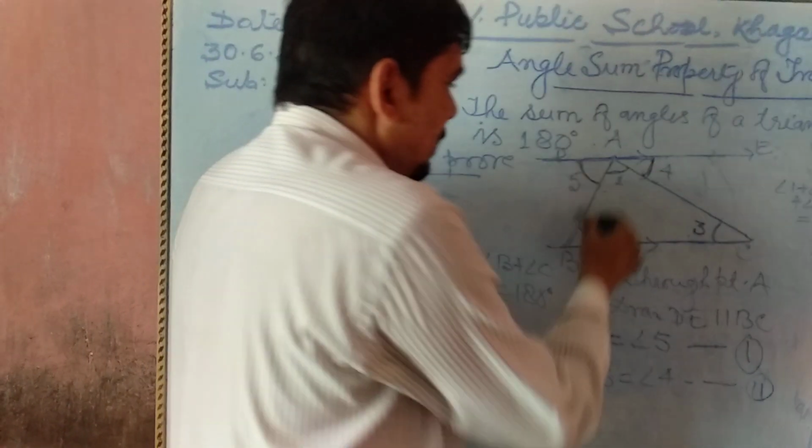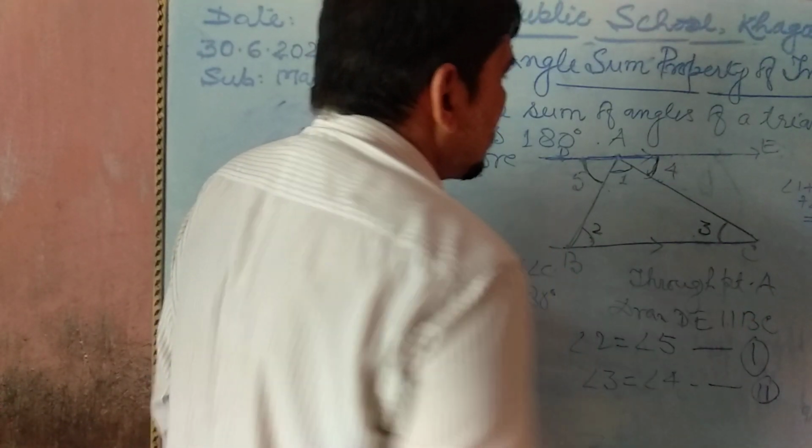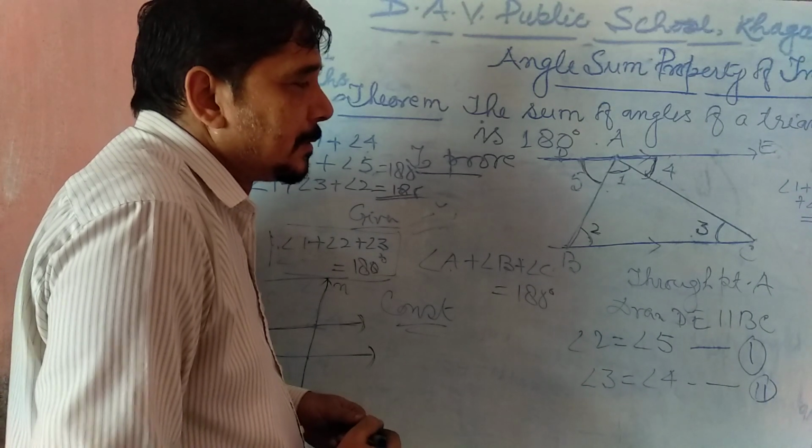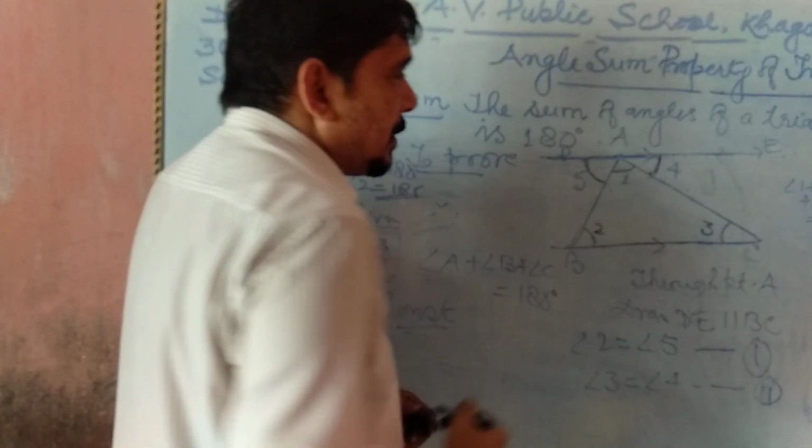Now make any triangle ABC. Let ABC be any triangle.